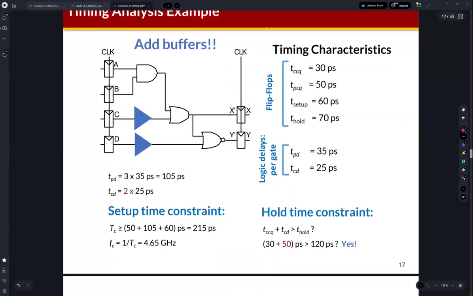Like this, you can find the buffer symbol here, but this buffer is two inverters. So by adding inverters, which means buffers, we can solve hold time constraint issues.